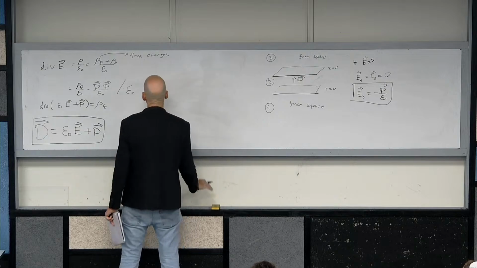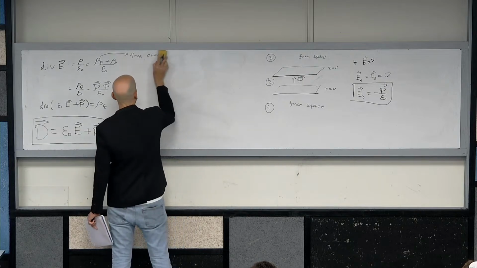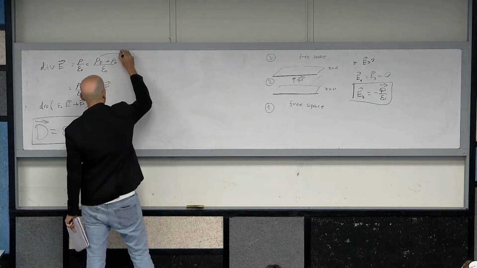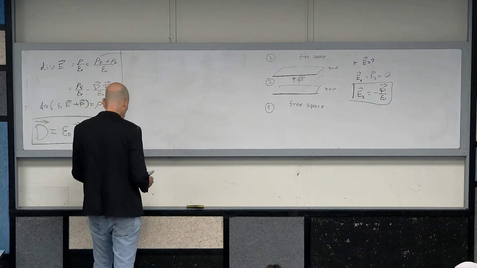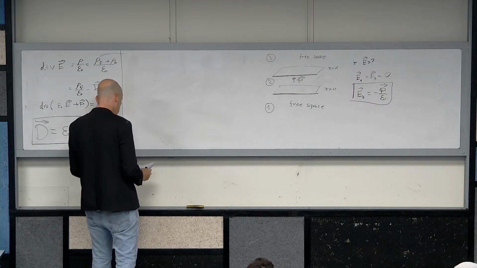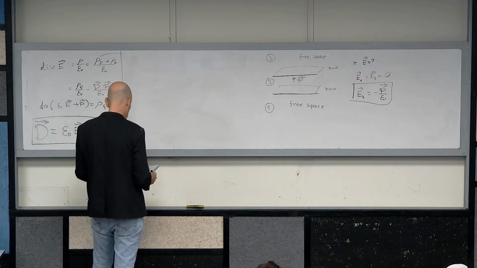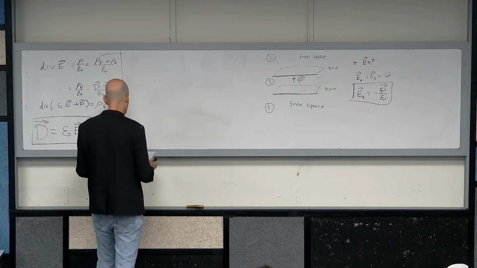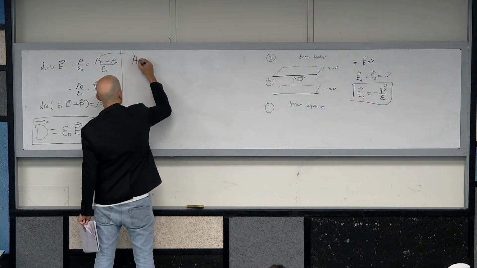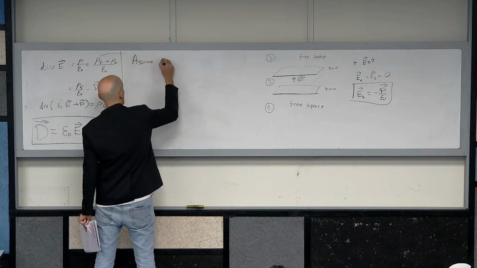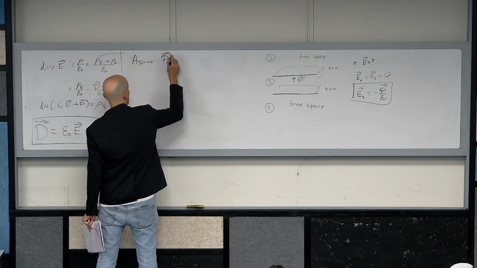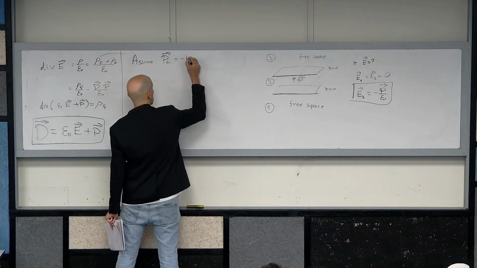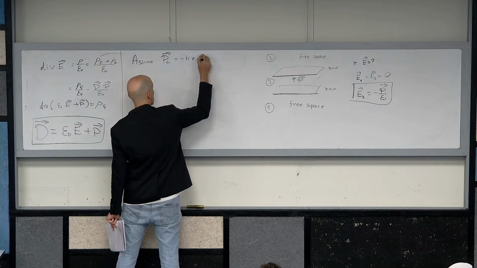So let us assume now that, so I want to define a specific field, which will be the following. Let us assume that P2, remember P1 and P3 is 0, P2 is kz in the direction of z.